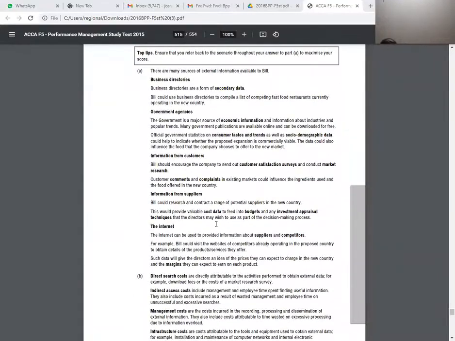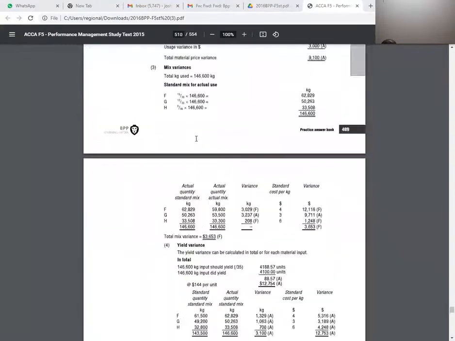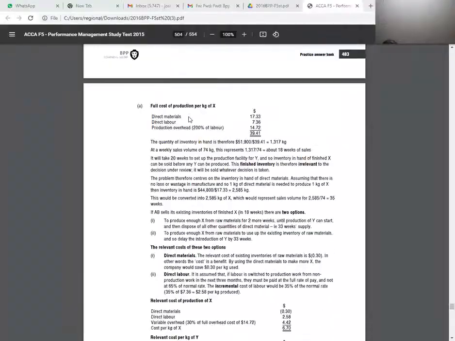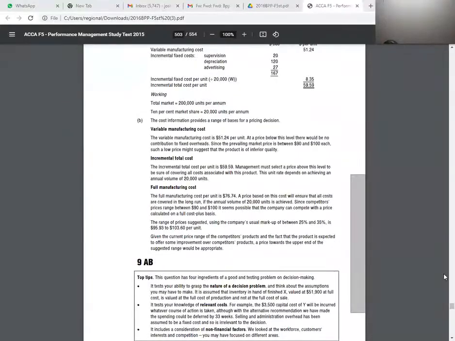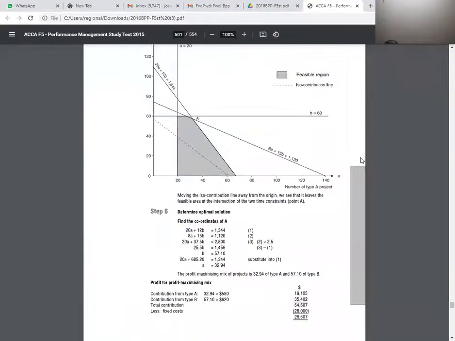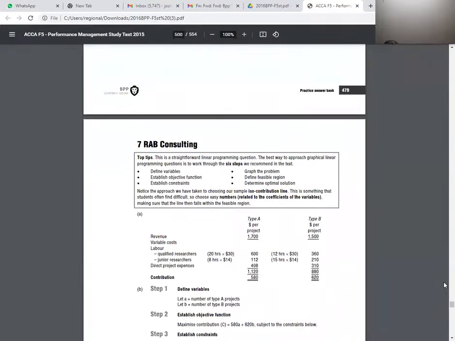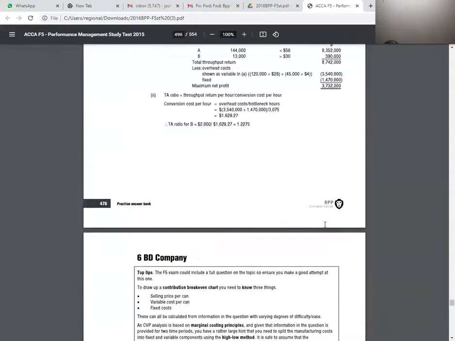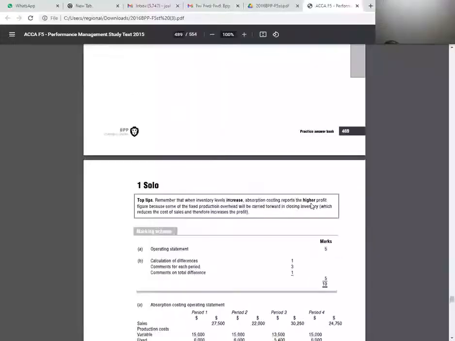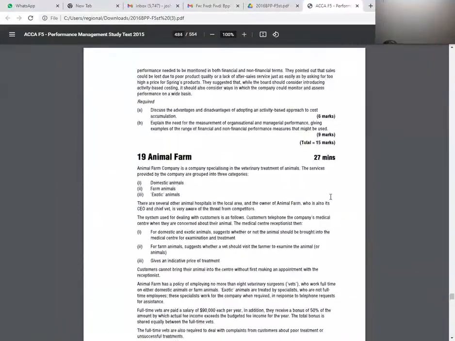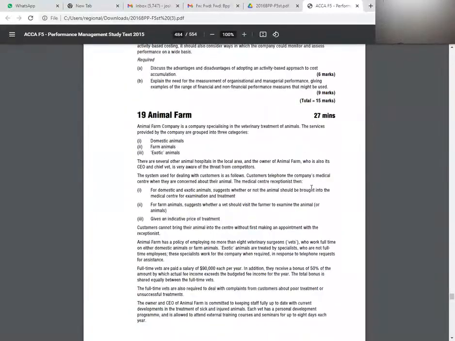Roman 2 of this question number 18. So Roman 2 of this question number 18, they want us to explain the need for measurement of organizational and managerial performance, giving examples of the range of financial and non-financial performance measures.